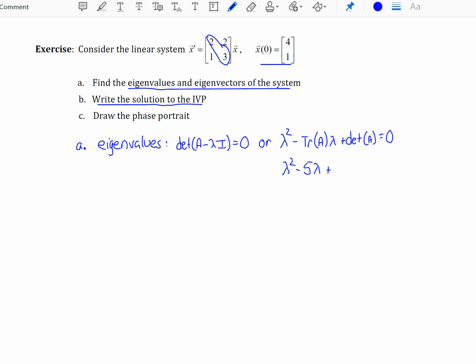So it'd be 6 minus 2 is 4. Notice our characteristic quadratic, our polynomial, is factorable as lambda minus 4 times lambda minus 1. This gives us two distinct roots, a first eigenvalue of 4 and a second eigenvalue of positive 1.